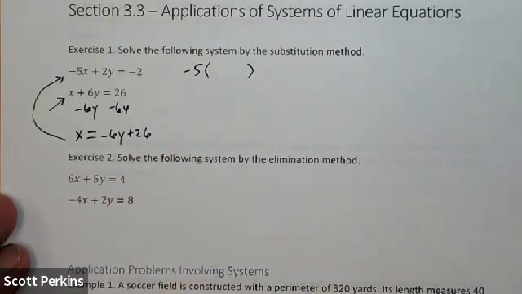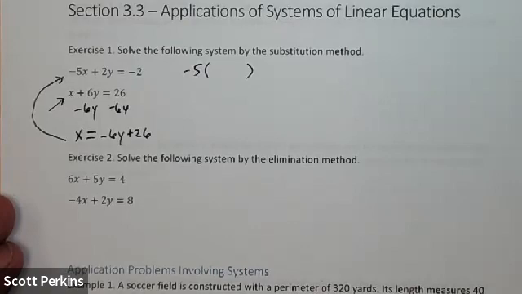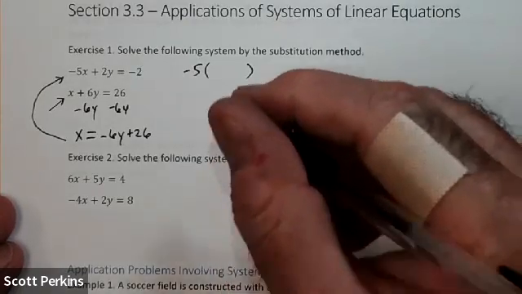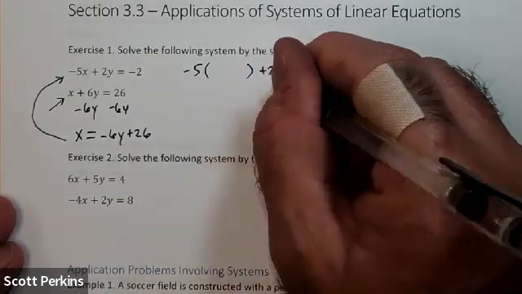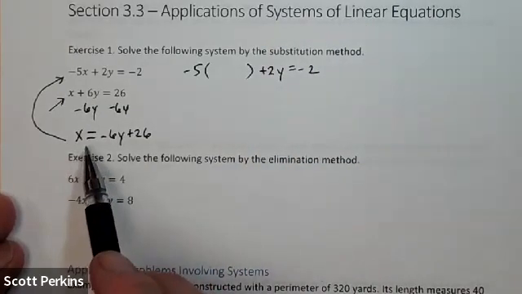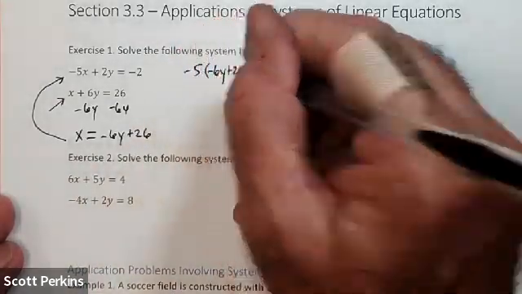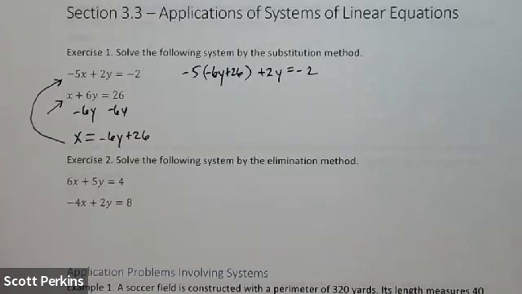This is my practice that I like to do. That way I don't forget to distribute, things like that. So negative 5 times x plus the 2y is equal to negative 2. And that equation that I just manipulated says x is the same thing as negative 6y plus 26. That's the substitution step. We doing okay?